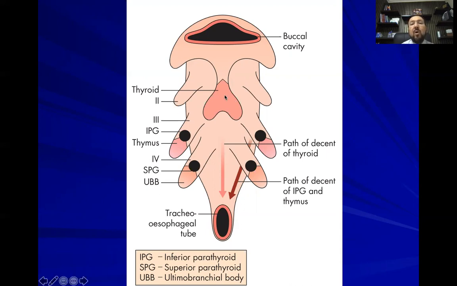Sometimes part of the gland descends and part resides in the tongue. So a patient presenting with lingual thyroid might have a normal thyroid gland in its position and may not. Sometimes it descends partly, while partly it does not. So there is median ectopic thyroid tissue in the neck.